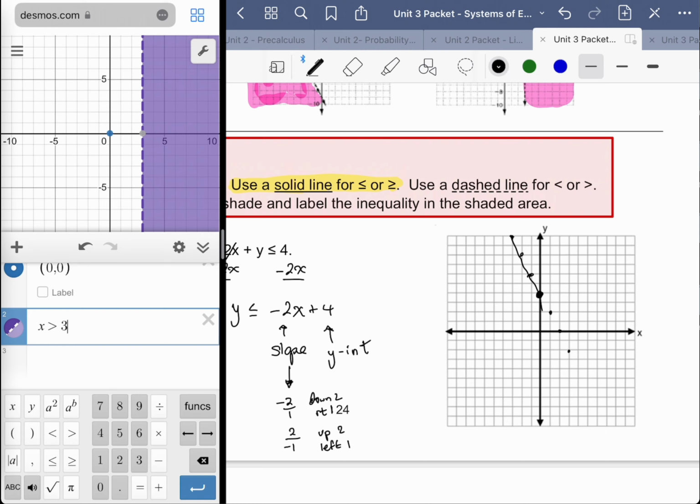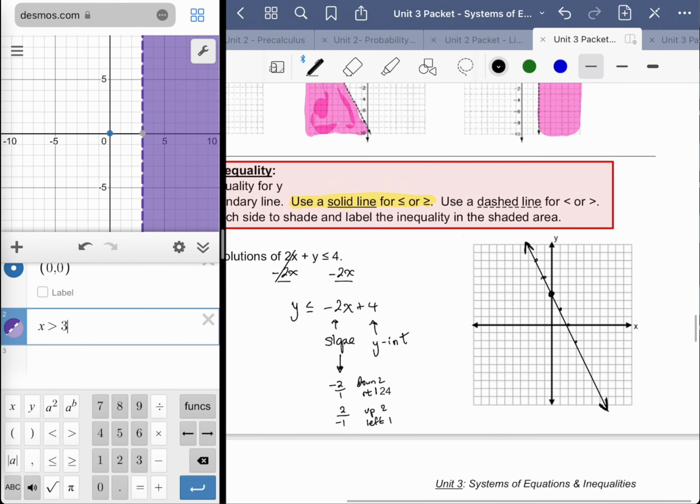But all you really need to draw a line are 2 points and a ruler. That's my ruler. Now this one gets a solid line. And that's the thing, when you make the graph of an inequality, you just got to be careful, because I do this all the time, but I have digital tools, so I correct myself almost immediately.